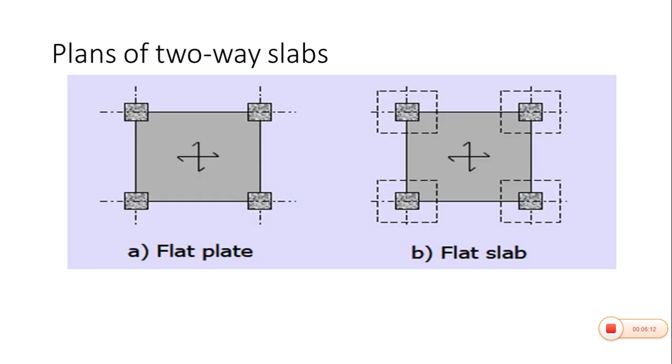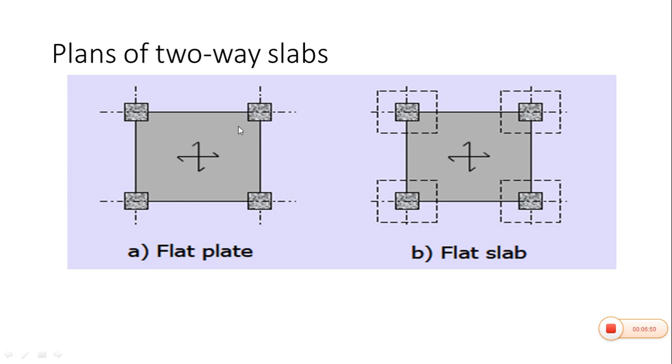Here, through a pictorial presentation, we are going to understand the meaning of flat plate and flat slab. As we discussed in the previous slide definition, see here, in the flat plate there are 4 columns, and in between these columns we don't have any beam. And around the periphery of the columns we don't see any projection.